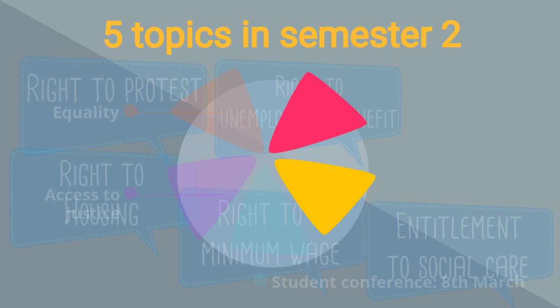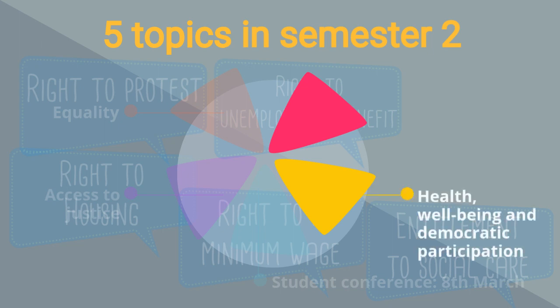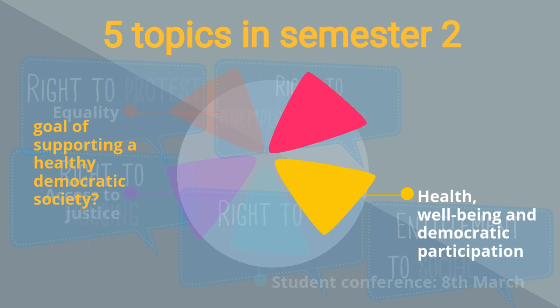The fourth civil justice debate that we explore is the connection between legal fairness and public health, well-being, and democratic participation. The idea we put to the test is that each legal right should support the goal of a healthy, democratic society, and we review the evidence before you conduct your own assessment in relation to your specialist interest.